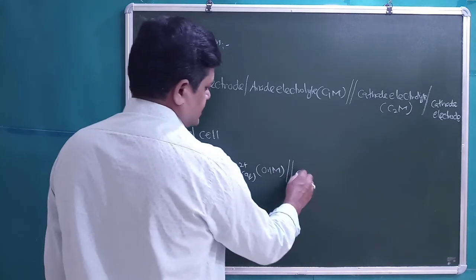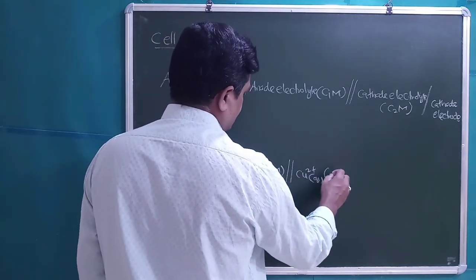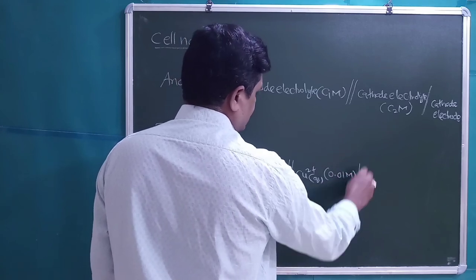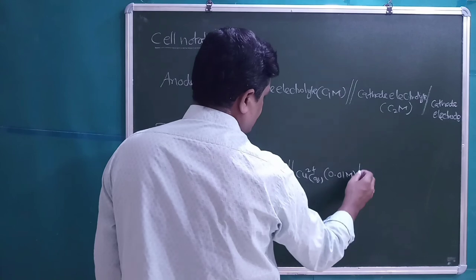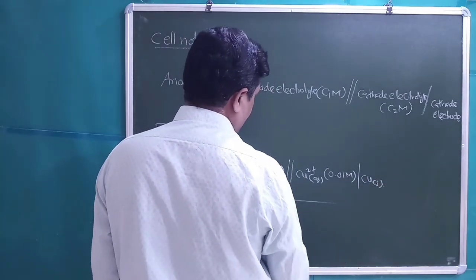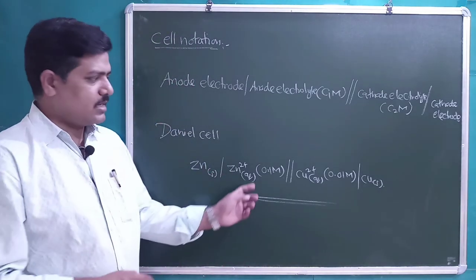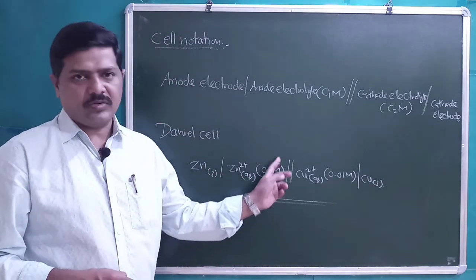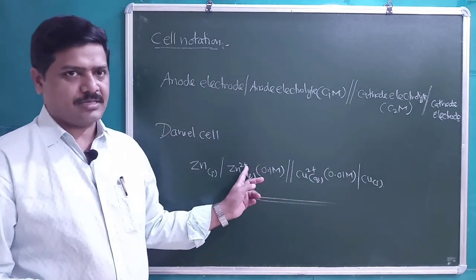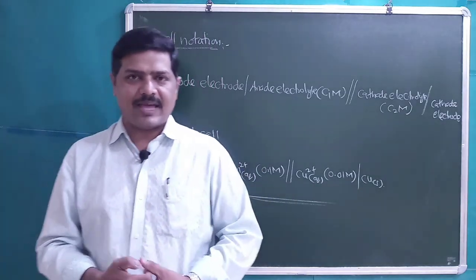The cathode electrolyte is Cu2+ aqueous, concentration, let us assume, 0.01 molar, and the cathode electrode is copper solid. This is the general representation called the cell notation. So we can easily convert a given cell notation into an equation, and then we need to do the calculations. Students, this is about the electrochemical cell. Thanks for watching.